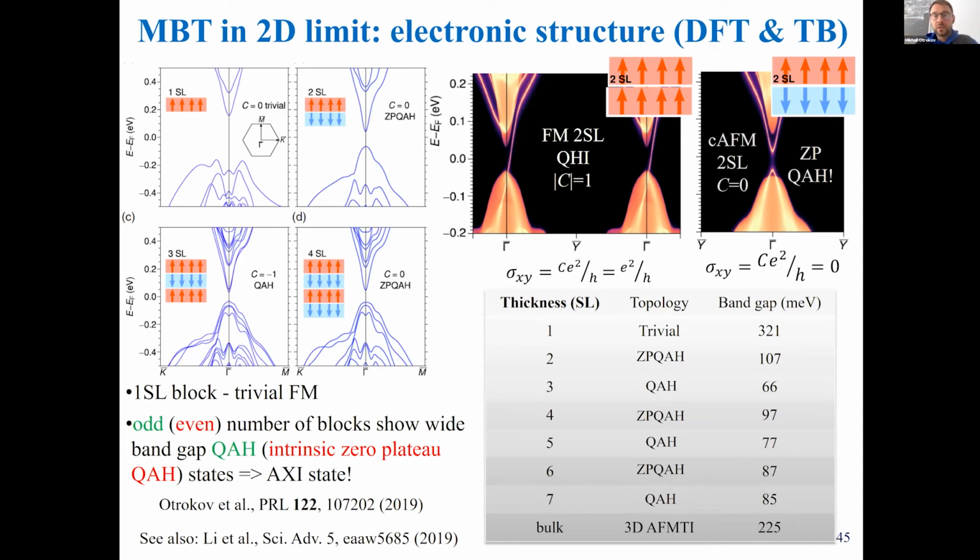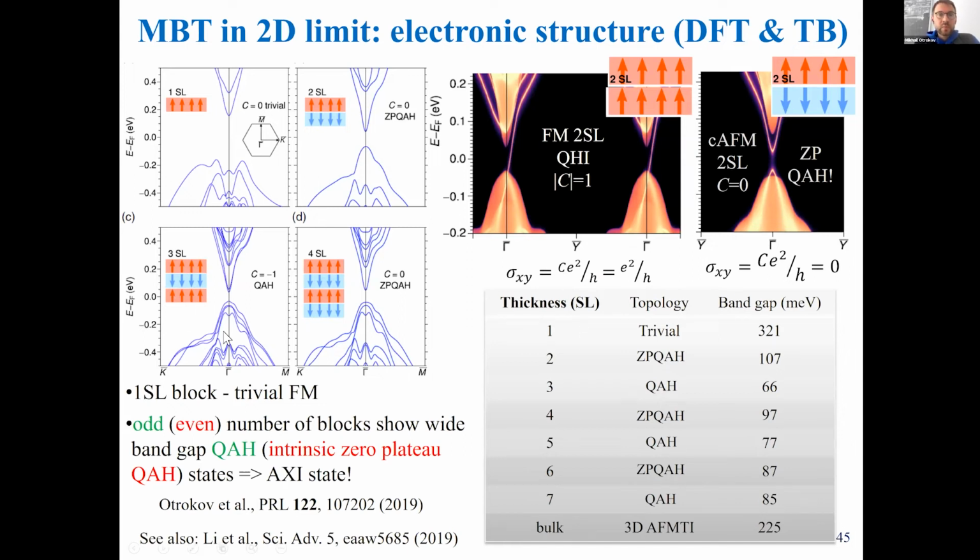Because the zero plateau quantum anomalous Hall state was proposed some 5 or 6 years ago to be a good platform for realizing the axion insulator state. By the way, MBT appears to be one of the, as far as I know, first materials that realizes the zero plateau quantum anomalous Hall state intrinsically.